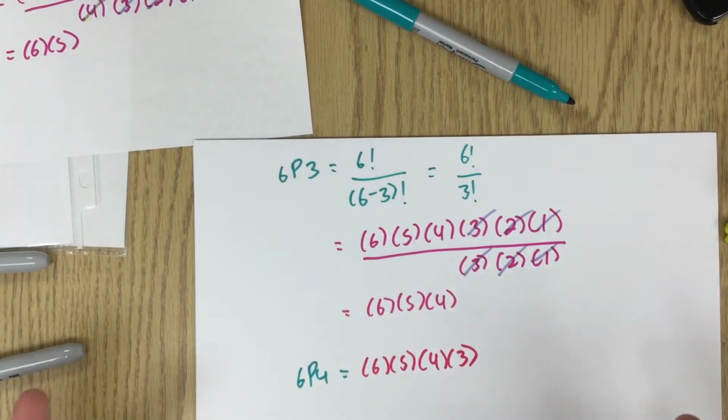Essentially, what we're finding is that it's the first this many terms of this factorial.